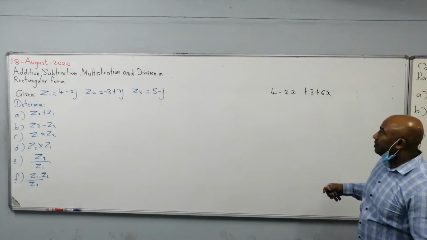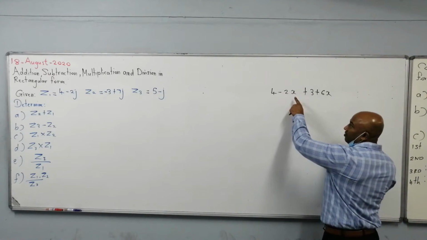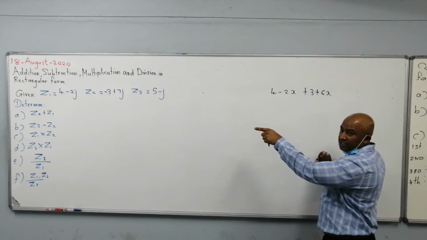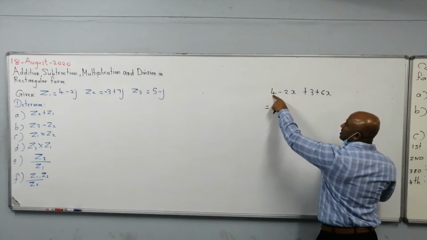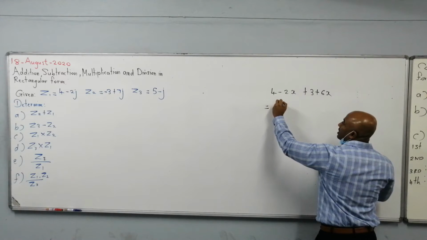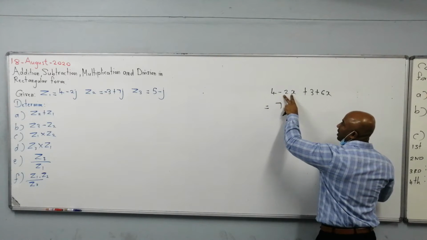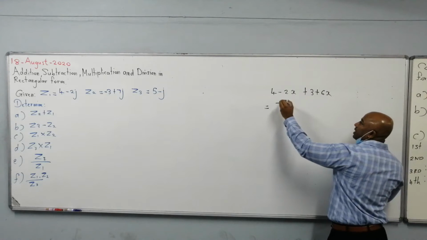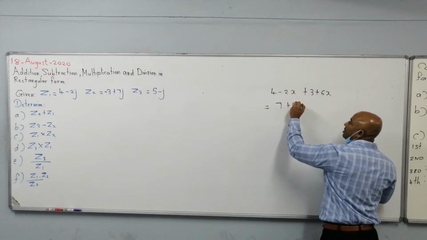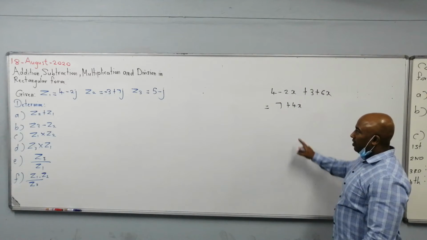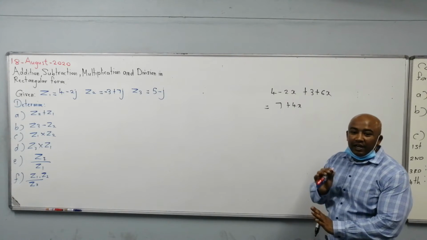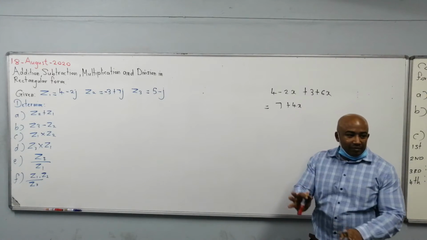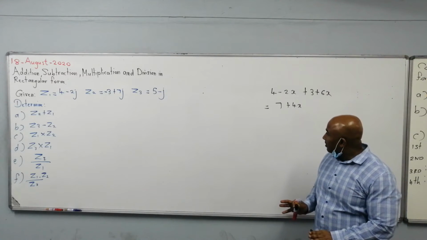We've been doing this from primary school, just that now you don't have x, you have j here. So I add up my constants: 4 plus 3 will be 7, and then minus 2x plus 6x will be positive 4x. You cannot add 7 and 4x. You can only add like terms. You add the variables with the variables, the constants with the constants.